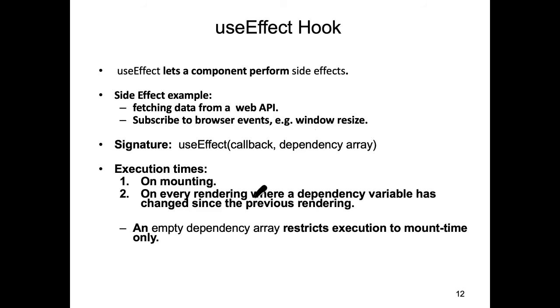On every re-rendering, when a dependency variable has changed since the previous re-rendering, the callback is executed in that case as well. So every time a component re-renders, the useEffect function checks the elements within this array, and if any of the values has changed since the previous re-rendering, then the callback is executed. So it must actually keep a copy of the array between re-renderings, which it does. We don't care about how it does that, but it does it.